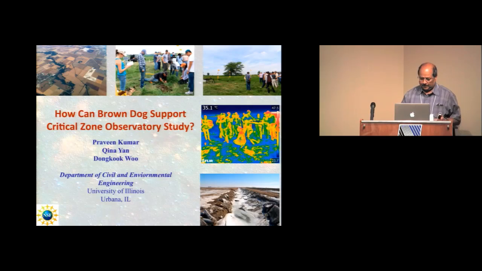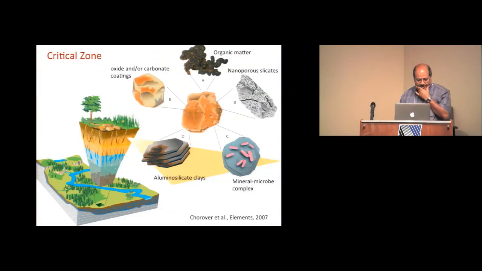will present. So the critical zone observatories, there are 10 of them, and they aim to basically go from molecular scale all the way to watershed scale. So trying to understand process level dynamics and interaction between biotic and abiotic processes and their evolution or co-evolution over very, very long period of time, and then the human impact on them.